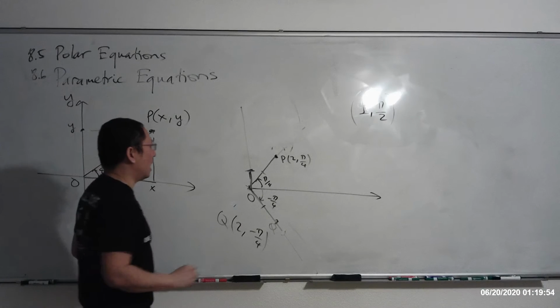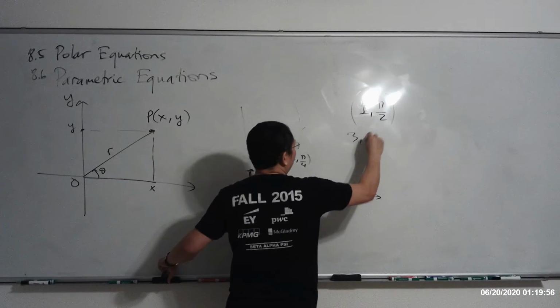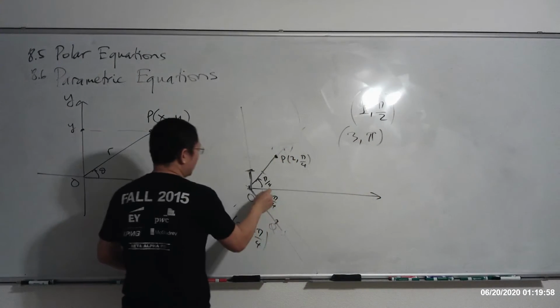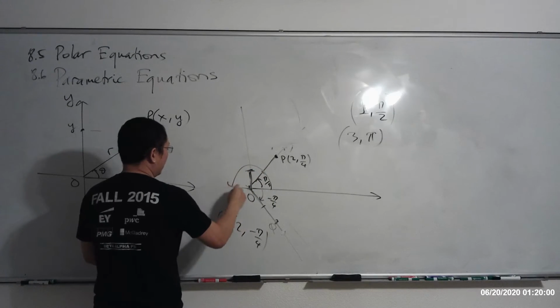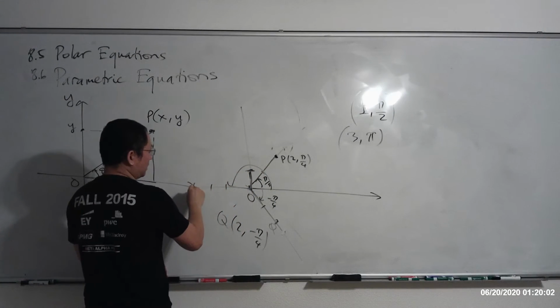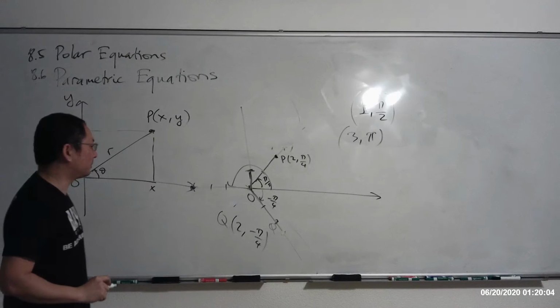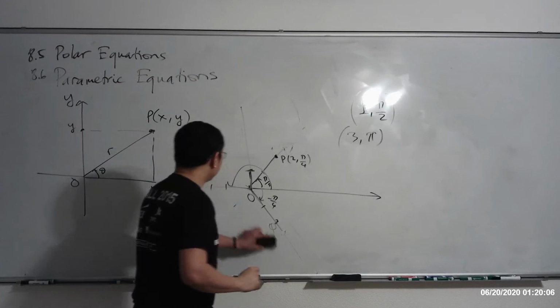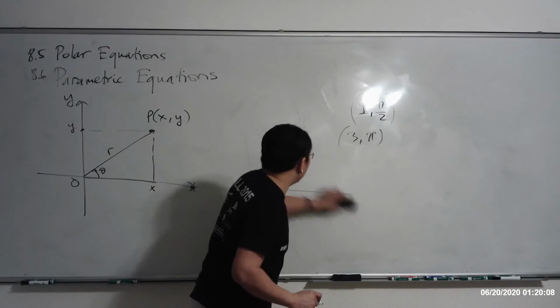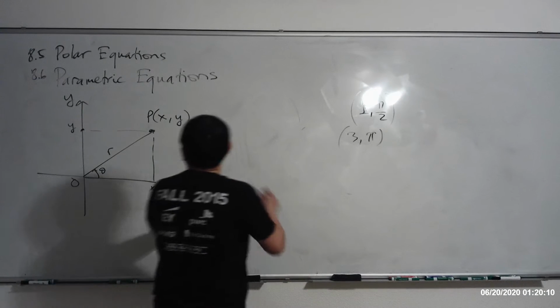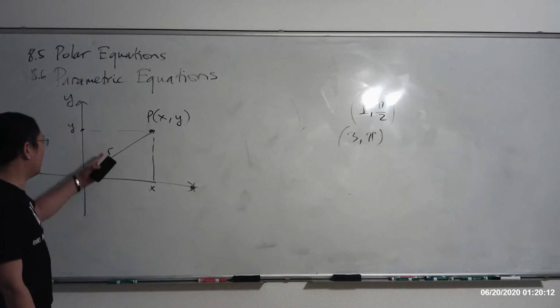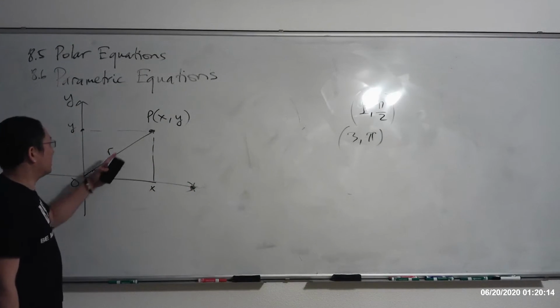How about (3, pi)? Pi is the angle of 180 degrees, and 3 is 1, 2, 3. So this is the point. I just introduced you to another way to represent a point, the polar coordinates, where we have r and theta instead of x and y.